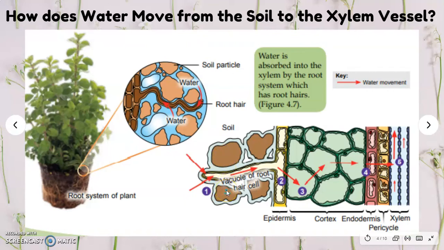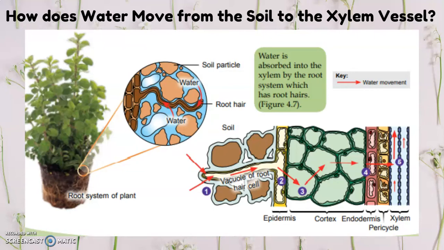Because mineral ions are actively pumped by the root hair cells, and this causes the cell sap of the root hair to have a low water potential compared to the soil. Or in other words, the root hair cells are hypertonic to the water in the soil.